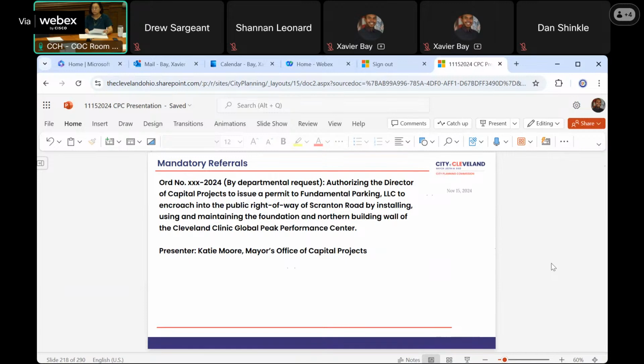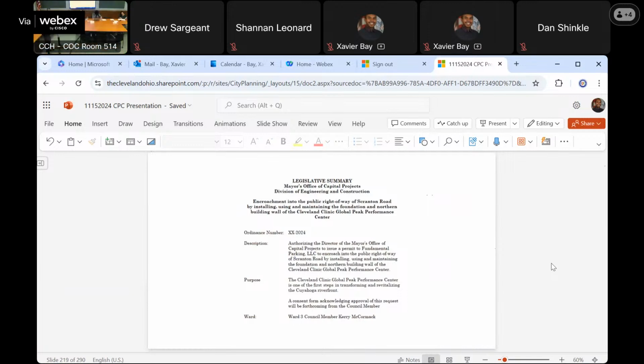The next one's an unnumbered ordinance. This is authorizing the Director of Capital Projects to issue a permit to Fundamental Parking to encroach on the public right of way of Scranton Road. Yes, we're here today to discuss granting the request for the Bedrock project for the Global Peak Performance Center.